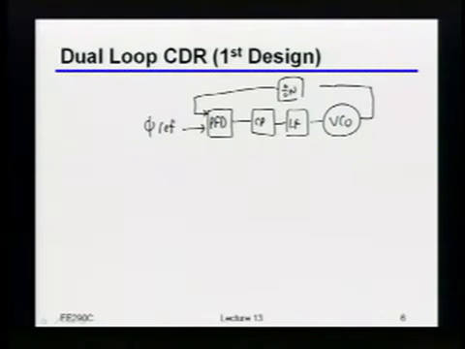The only goal of this loop is to give you a nice, clean, high-frequency clock. Although, to be a little more precise, it's actually to give you a few nice, clean, high-frequency clocks. Those multiple lines that I've drawn coming out of there are typically multiple phases, like 0 degrees, 90 degrees, 180, and so on.